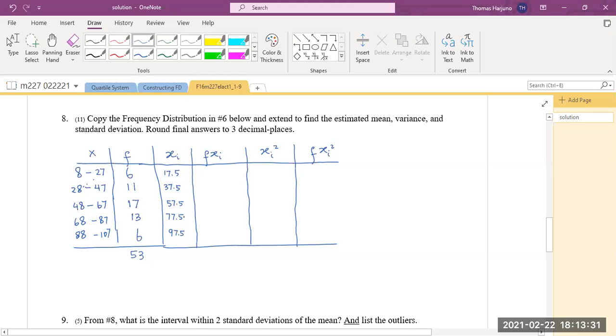And then multiply each of them by the corresponding frequency. I get 105 here. Let me go horizontally. 17.5 squared will be 306.25 multiplied by the frequency, 1837.5.